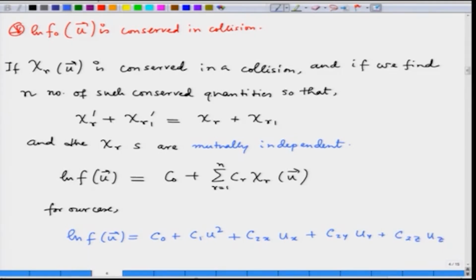Okay. All the C0, C1, C2x, C2y, C2z, they are all constants.